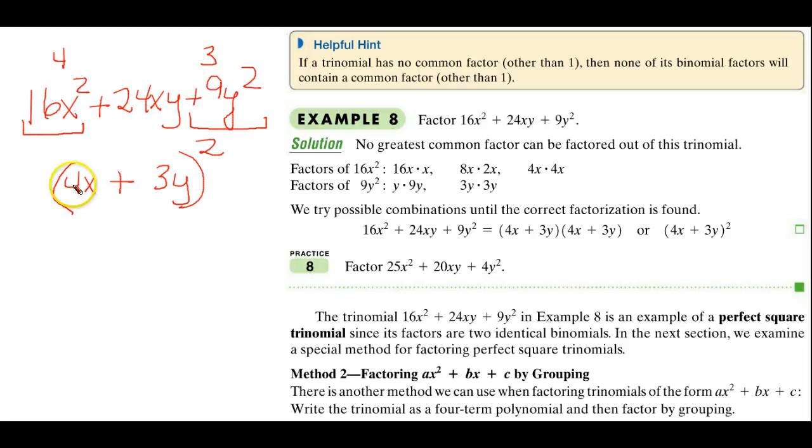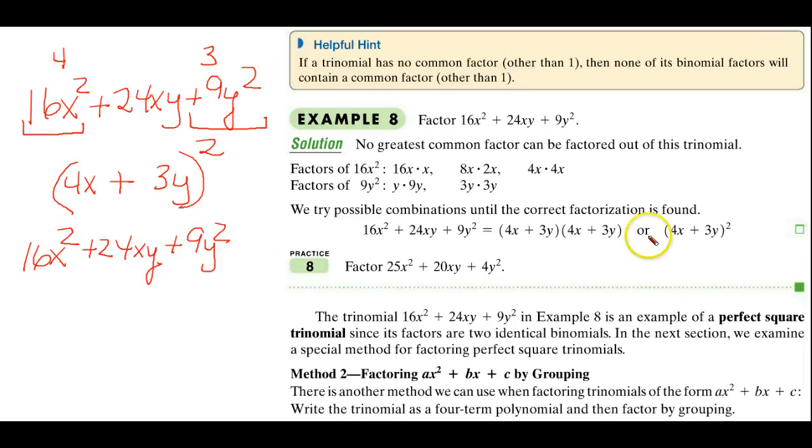So let's see if this expands into this. Square the first term, 16x squared. Multiply these two together, 12xy, double it. Square the last term, and we have it.